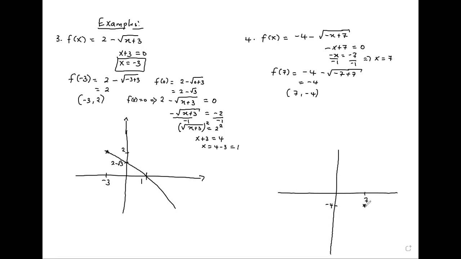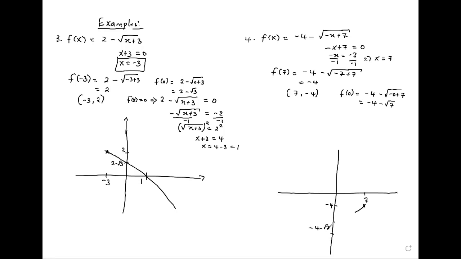It will be f of 0 is equal to -4 minus √(-0 plus 7), but 0 is just 0. So we'll get √7. Remember, √7 is less than 3, but there's a negative, so that number is small. That number is -4 minus √7. So you can see that there are no x-intercepts here.